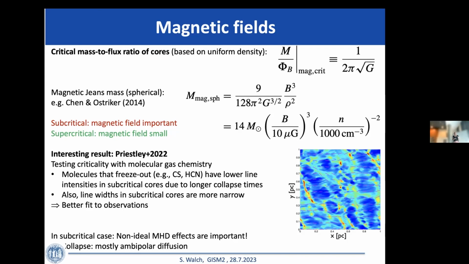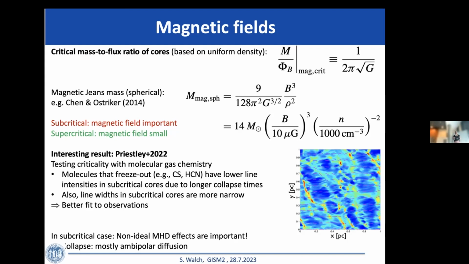He was using molecular gas chemistry in order to figure out what is really happening in prestellar cores. For that, he was looking at molecules which freeze out of the gas phase. For example, CS and HCN do that, but I'm not such a molecular specialist. I'm pretty sure there are much better people here for this. Anyway, freeze-out takes some time.